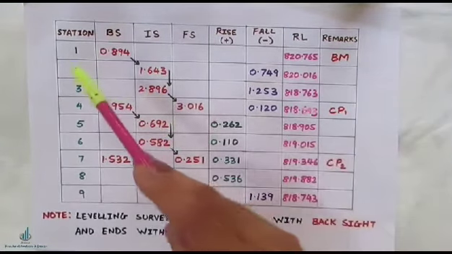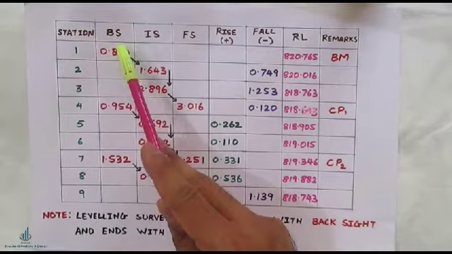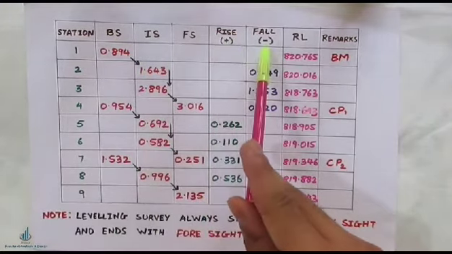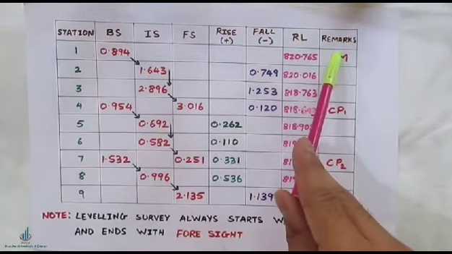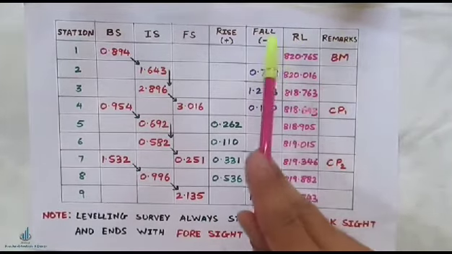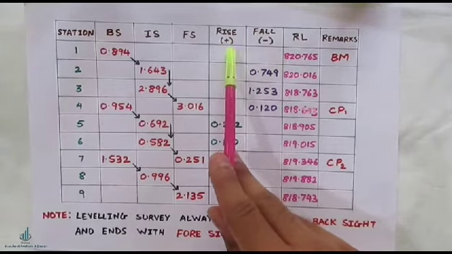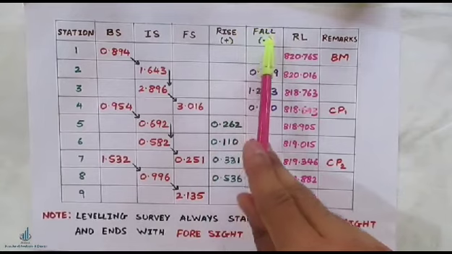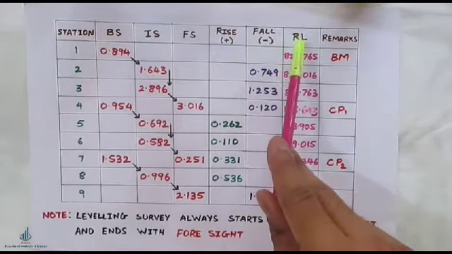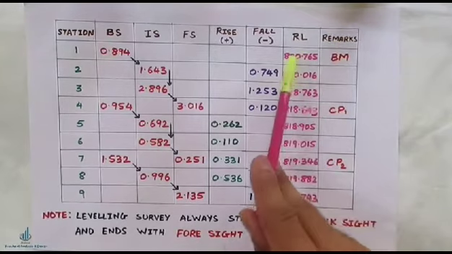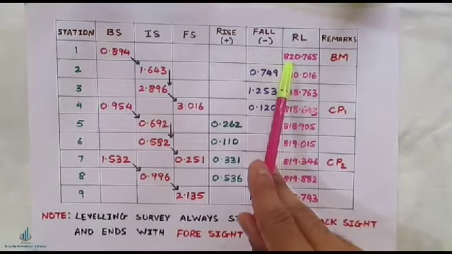The first column will be station, second backsight, then intermediate sight, foresight, rise, fall, reduced level, and remarks. In the HI method, one column was fewer. Here there are 2 extra columns: rise, that is positive, and fall, that is negative. This is the reduced level and this is the remarks column. In the problem they have mentioned the RL of the benchmark, the first point, which is 820.765 meters.